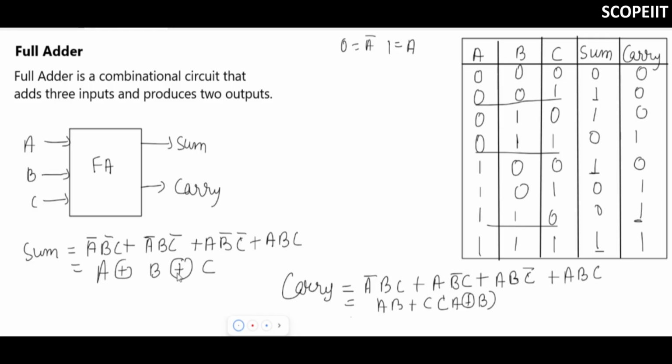Next we need to construct the circuit diagram. I'll change the page, so first I write the equation, and based on that I'll tell you how to construct the circuit diagram.